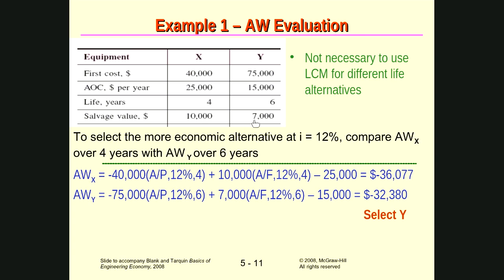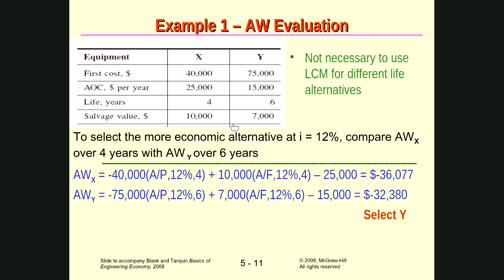The initial cost for X is 40,000, and 75,000 for Y. The annual operating cost, life in years, and salvage value were given in the table, and you are asked to select one of those two. So we convert all these values to annual worth. The annual operating cost has no need to be converted.